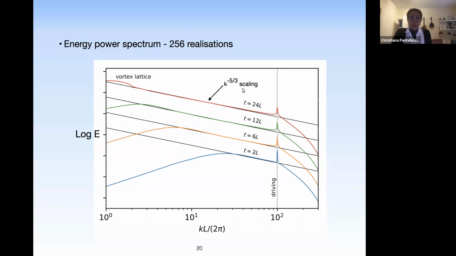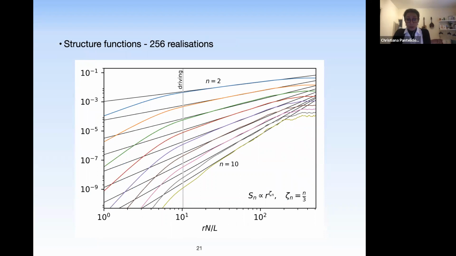Okay, so this was for the kinetic energy power spectrum. We also looked at the structure functions, and this is the picture when we average over 256 realizations once again.